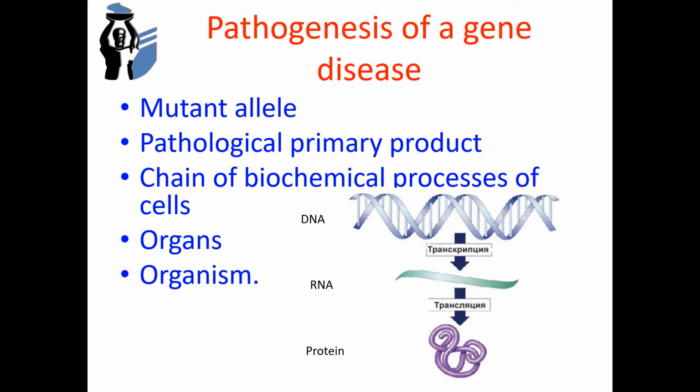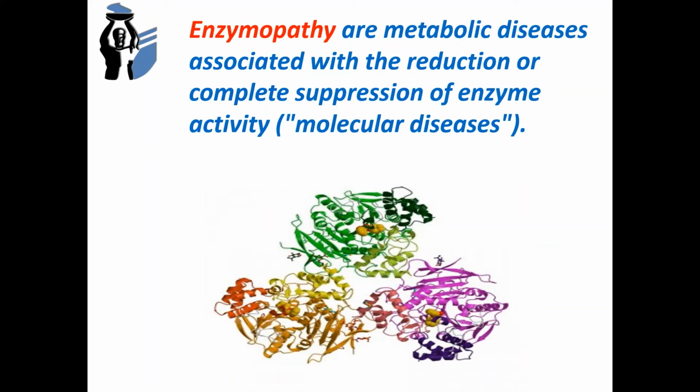A large group of gene diseases with an elucidated biochemical defect are enzymopathies. Enzymopathies are metabolic diseases associated with the reduction or complete suppression of enzyme activity. They are called molecular diseases.